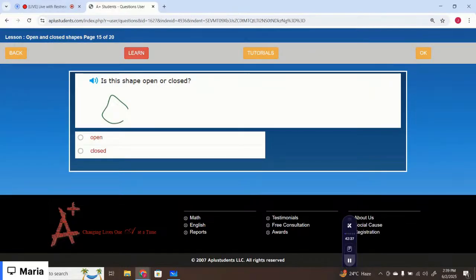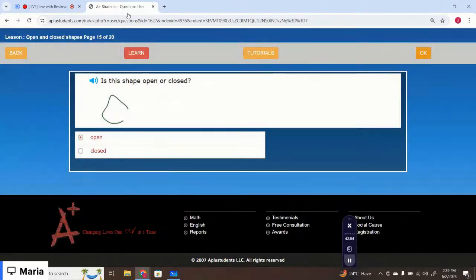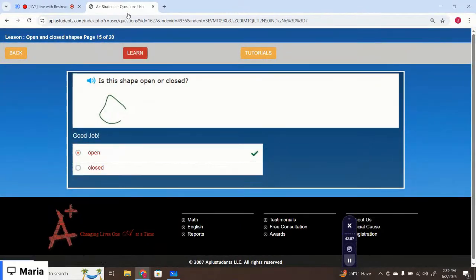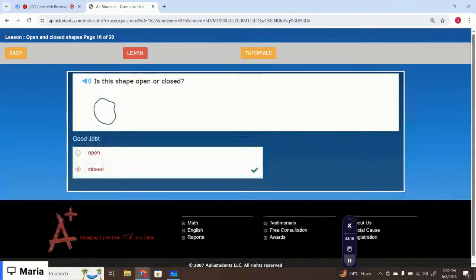Is this shape open or closed? Open it is. Option one is the correct option. Is this shape open or closed? The closed shape. Option two is the correct option.